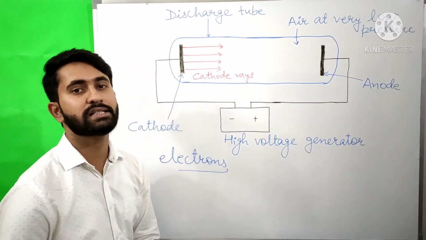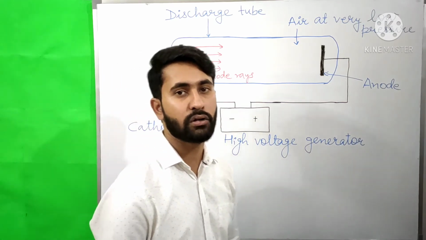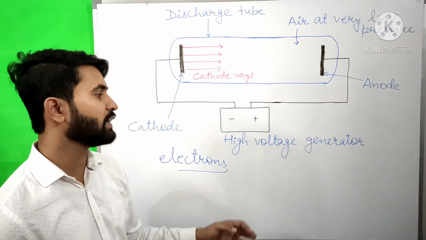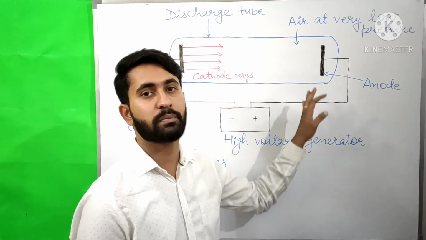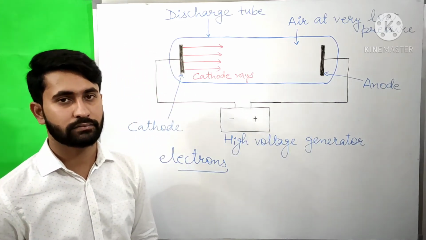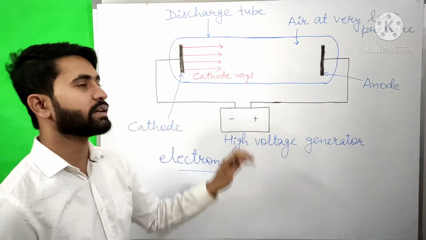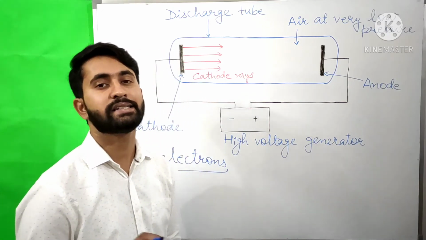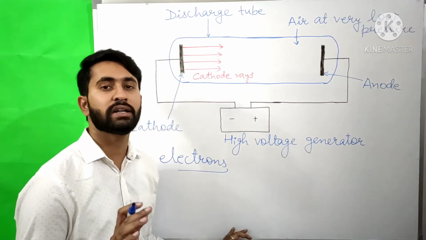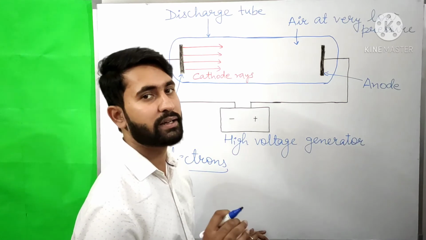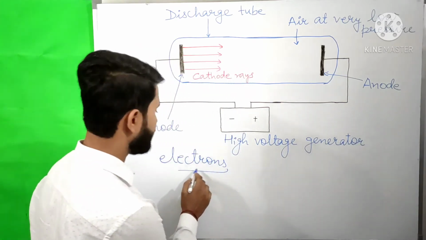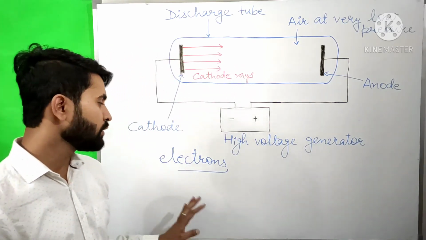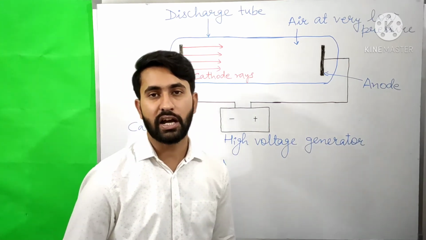So cathode rays are formed from the electrons removed by the high voltage. The formation of cathode rays shows that inside the atom there is a negatively charged particle that is called the electron.